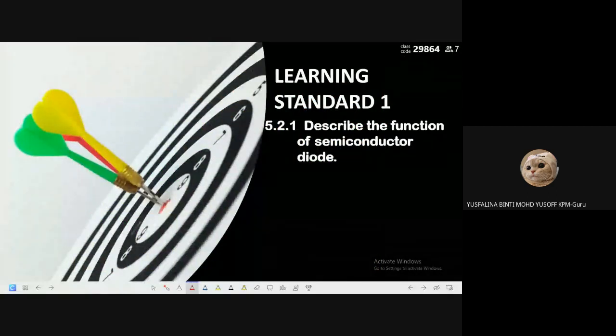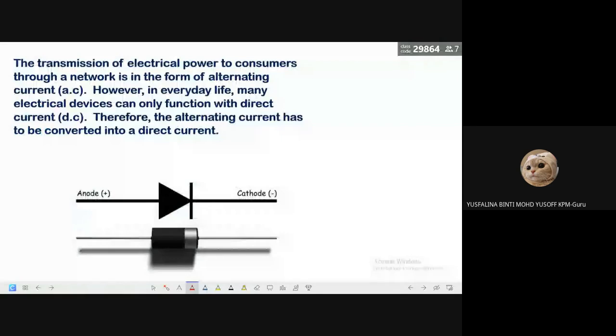Describe the function of the semiconductor diode. The transmission of electrical power to consumers through a network is in the form of AC. This one we already know, right? From the power station. Sorry, I forgot the word in English.